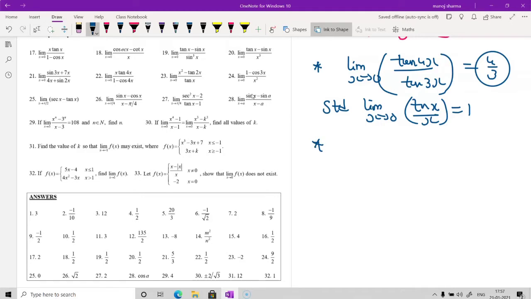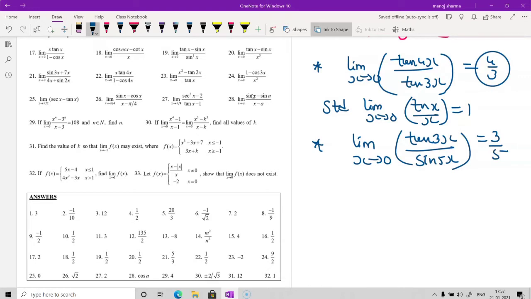Similarly, I can apply this formula to another limit, that is tan 3x upon sine 5x. Answer will be 3 by 5. Same pattern you are following.